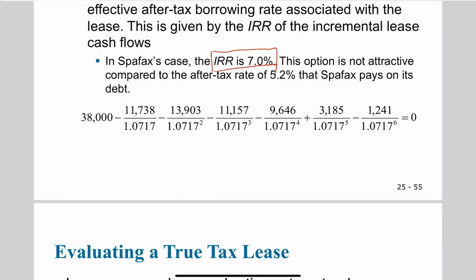So what you can see here is the IRR is larger than 5.2%. Can you say leasing is desirable because its IRR is larger than the after-tax rate, right? Can you say this?